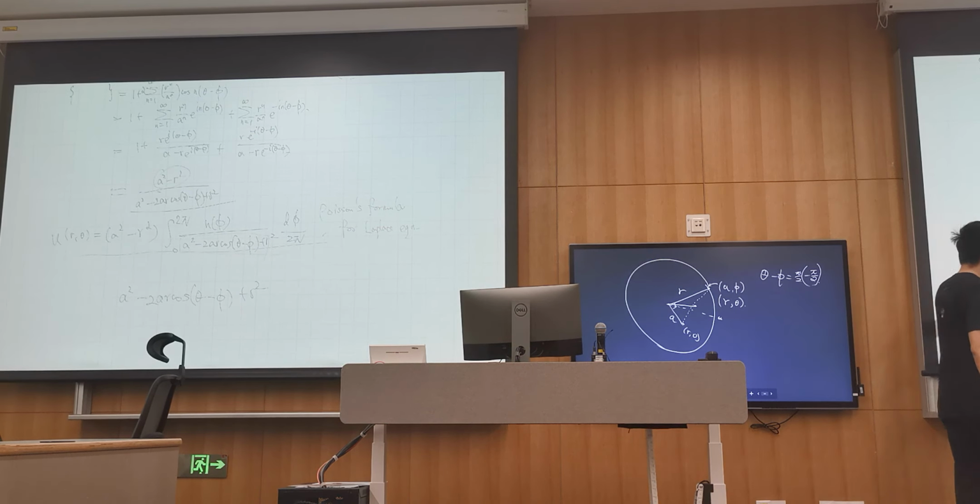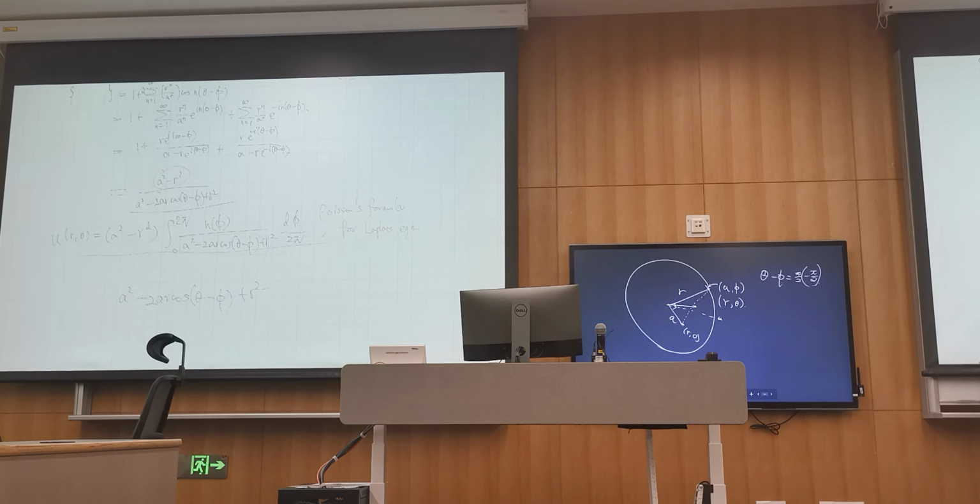Now, if my theta exactly equals phi, what will happen? Cosine 0 is going to be 1. So this is going to be a squared minus 2ar plus r squared. What is exactly that?